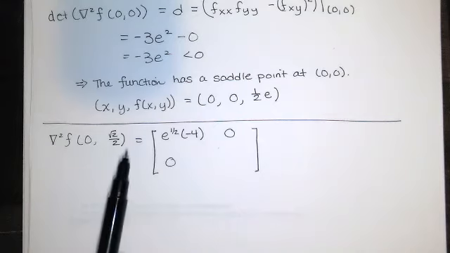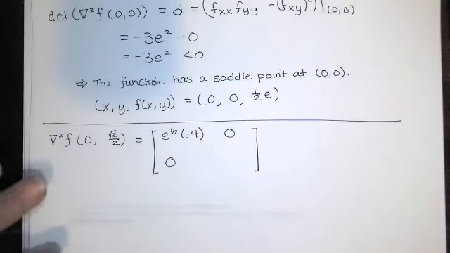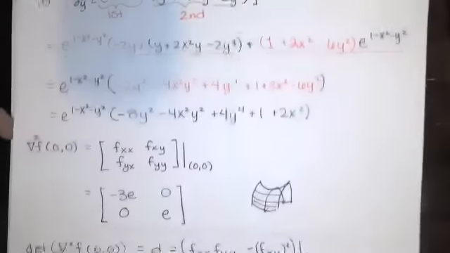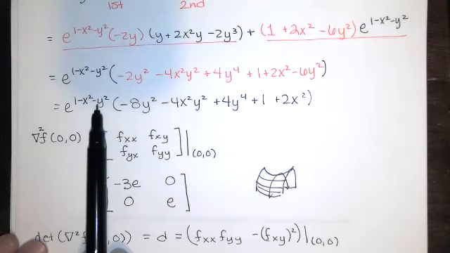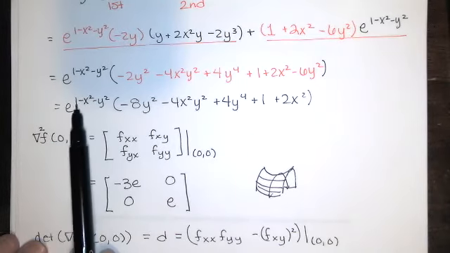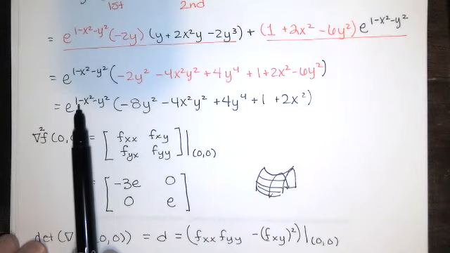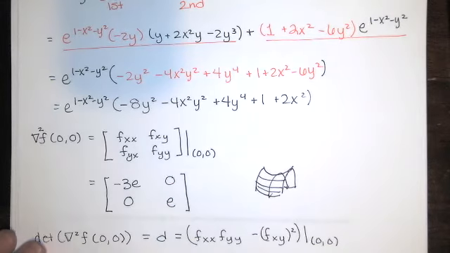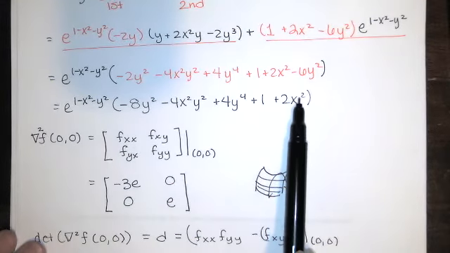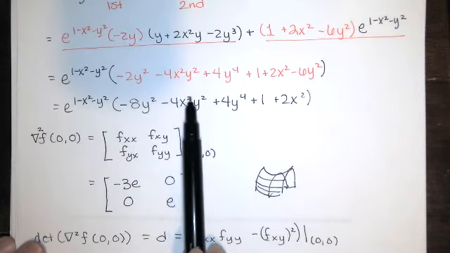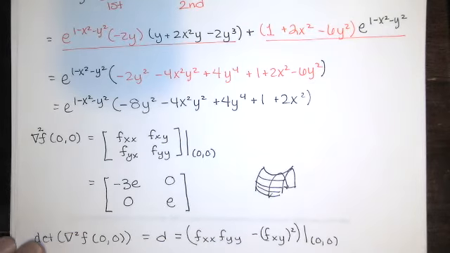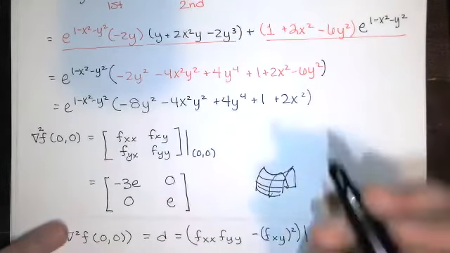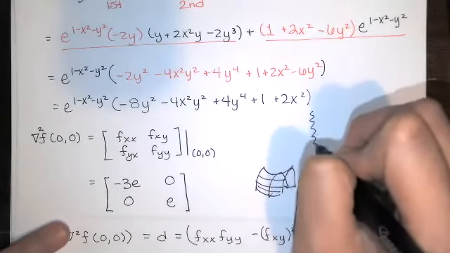Now we just need the second partial of f with respect to y at 0 and square root of 2 over 2. At square root of 2 over 2, this is 1/2. So we have 1 minus 0 minus 1/2. So that's e to the 1/2. And x is 0, but y is square root of 2 over 2. So this guy is gone, this guy is gone, and we want to evaluate everything else at square root of 2 over 2. And this one, I think I'll write out the arithmetic.